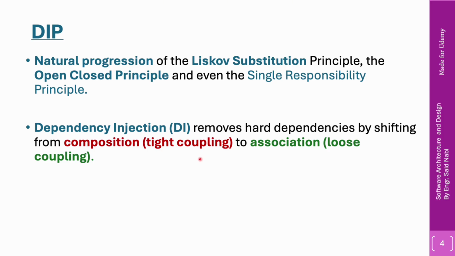That is what we call dependency injection, and by doing this we can make the software flexible, testable, and maintainable, where high level modules do not need to know the details of low level modules. That is what we are trying to do with DIP, the dependency inversion principle.